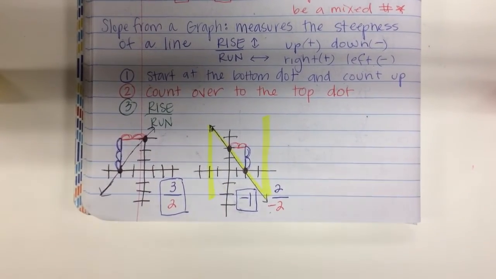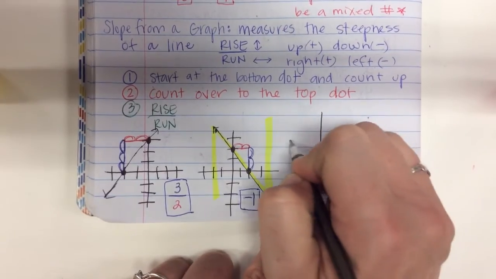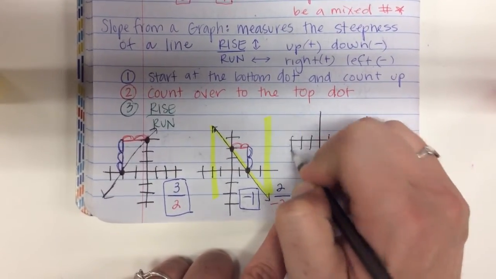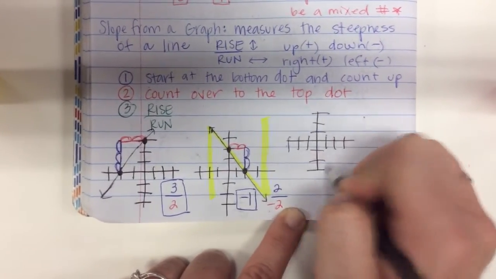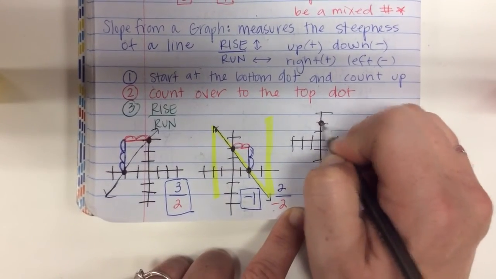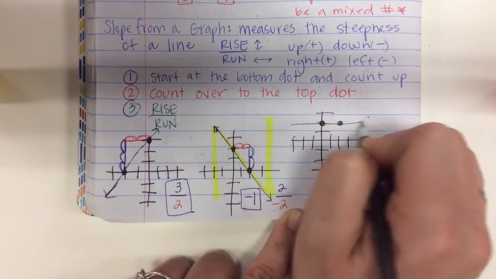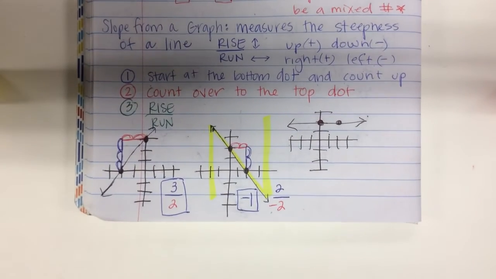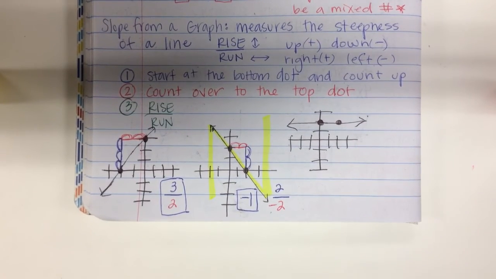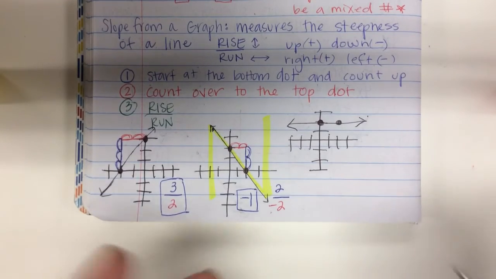All right, last 2 pictures. All right, start at the bottom dot. Which one's the bottom dot? Where is it? They're both the same, aren't they? So does it matter?